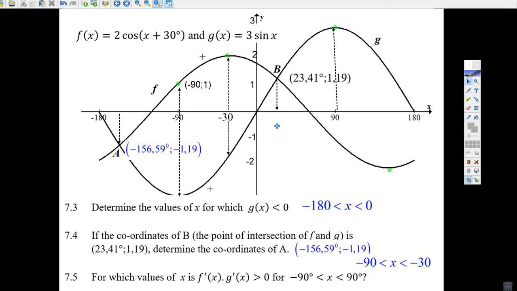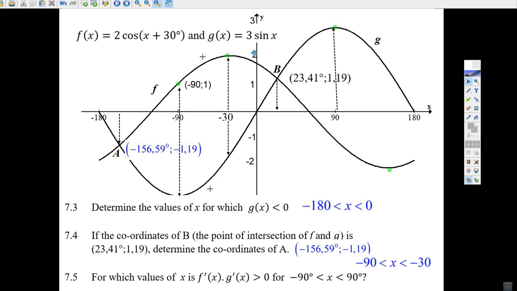The next question's not hard if you just see the symmetry of it. They give you this weird number here, and then they ask you what's happening down here. Well, it looks symmetrical, and it is symmetrical. So whatever's happening on this side, just do the same thing. This one went up to 1.19, so this one must be down at minus 1.19.